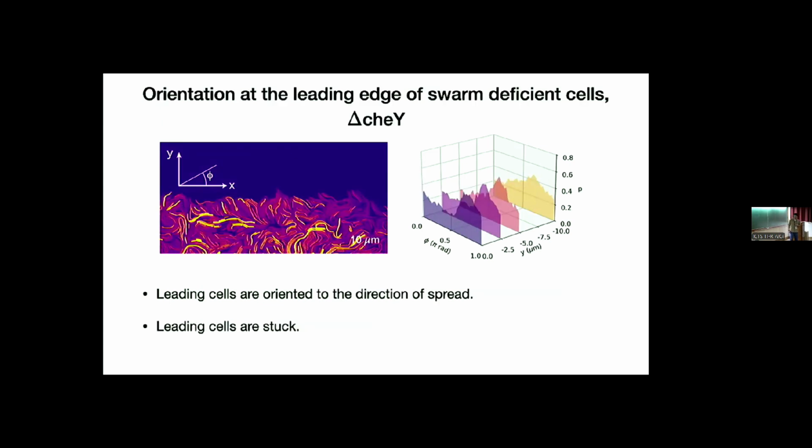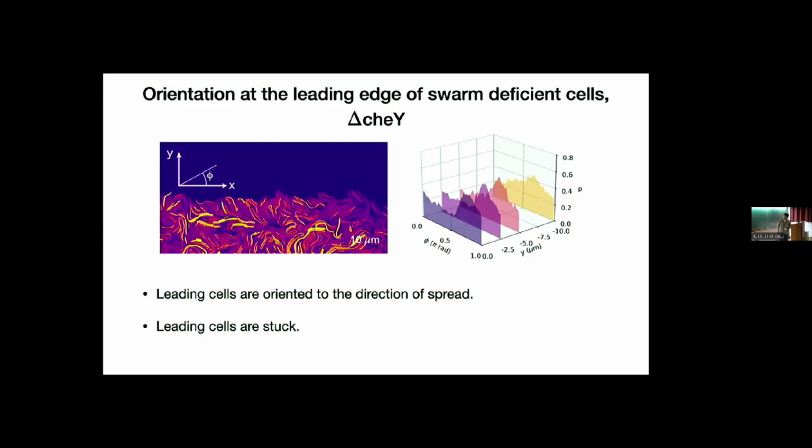Then we also characterized delta CheY. As you can see here, the cells are oriented toward the direction of the spread, and there is no sharp localization at 0 and pi radians.